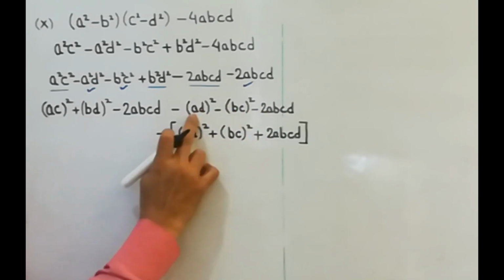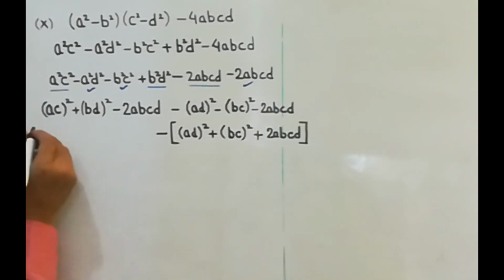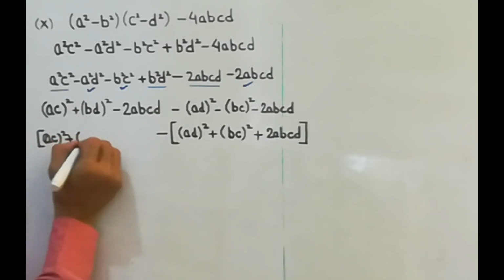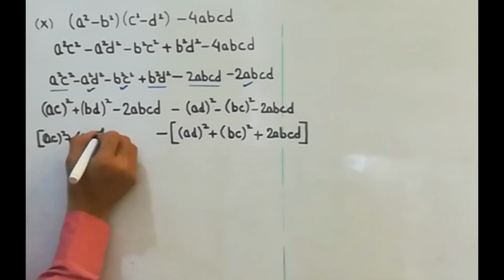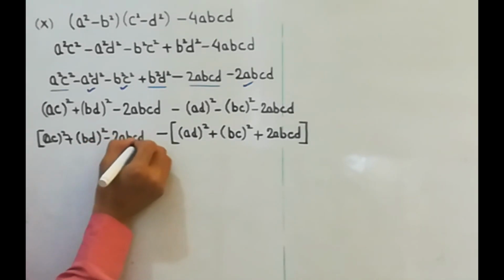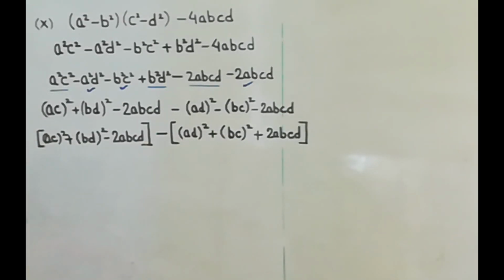This group was starting with a minus sign. This group remains as it is. So after opening the bracket, we have divided it into two groups.